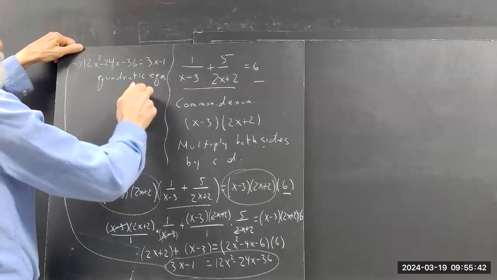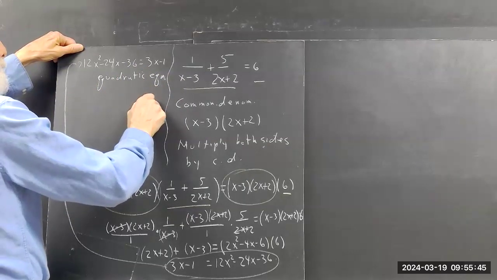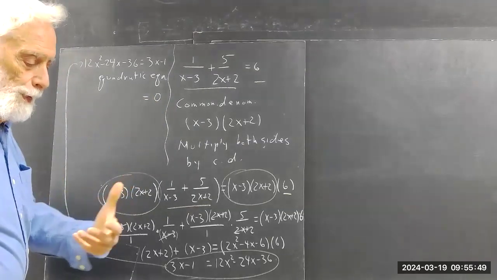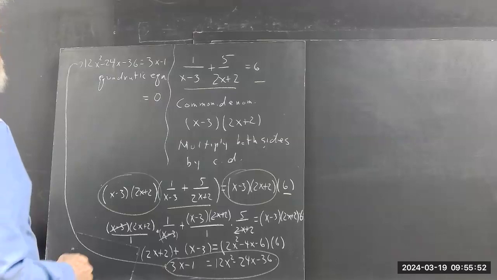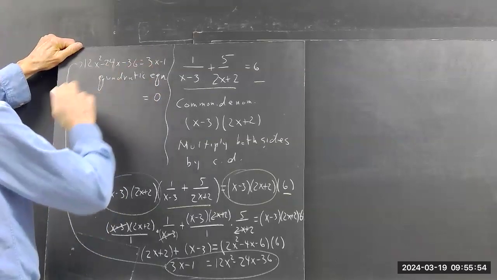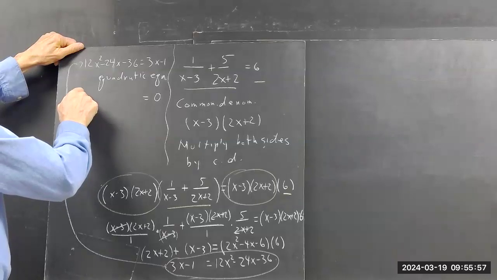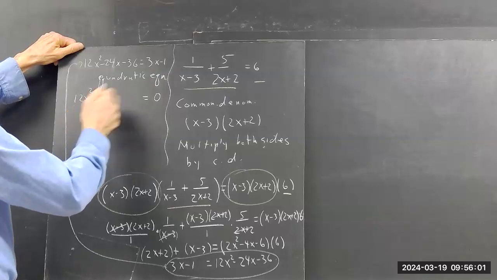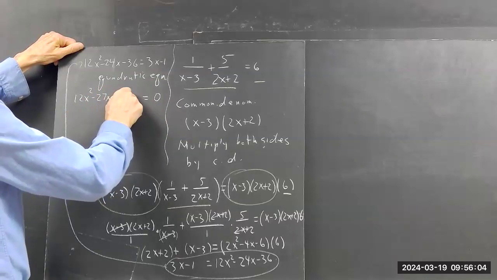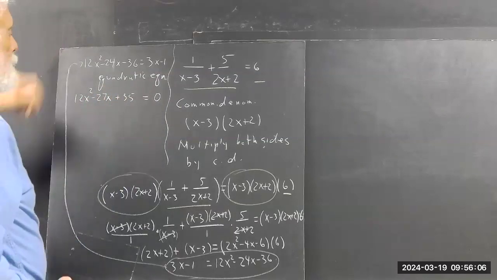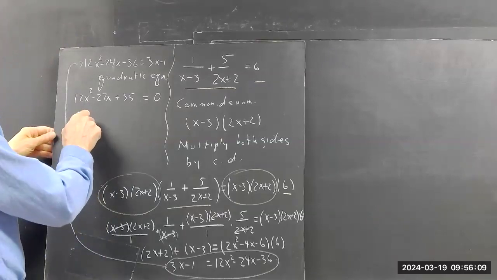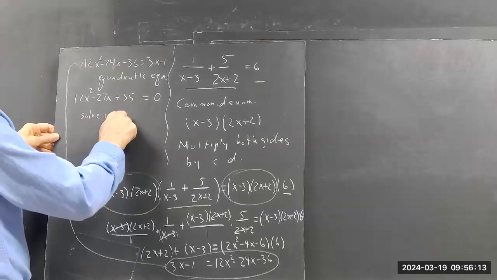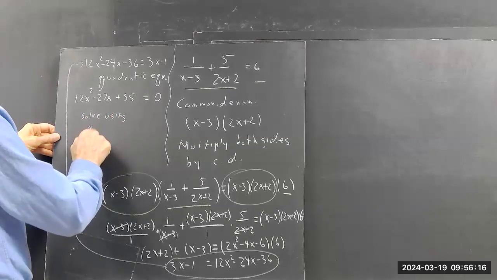Okay, now we have to put the quadratic equation into standard form so that we can solve it using the quadratic formula. We subtract the 3x from both sides and we get 12x squared minus 27x, and we add 1 to both sides, gives us plus 35 equals 0. We solve this using the quadratic formula.